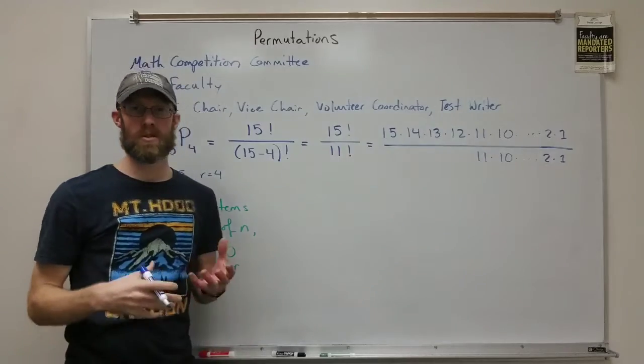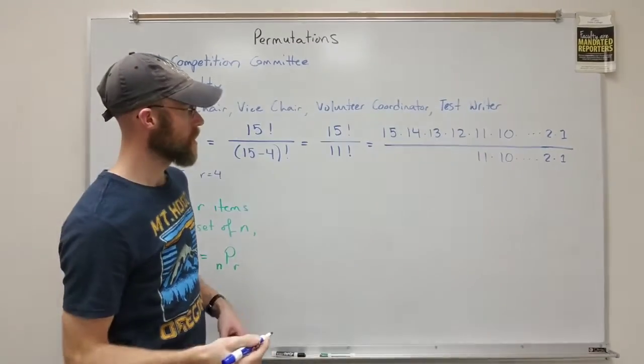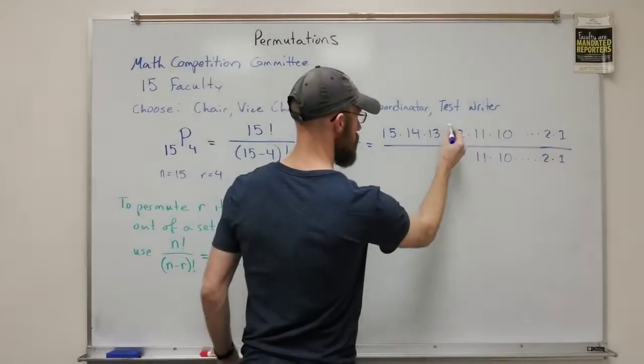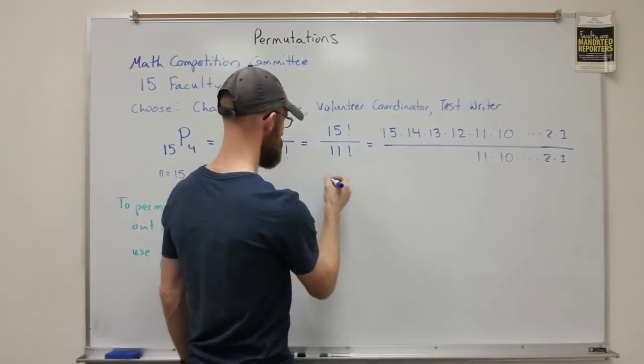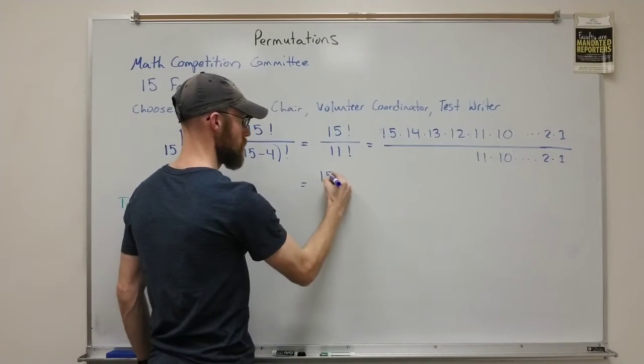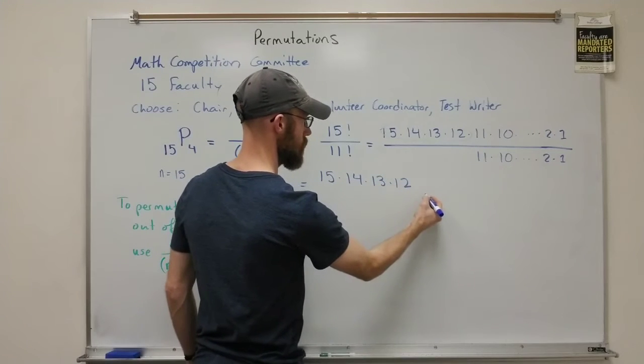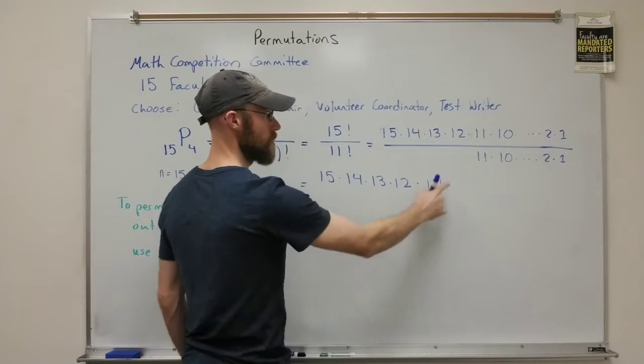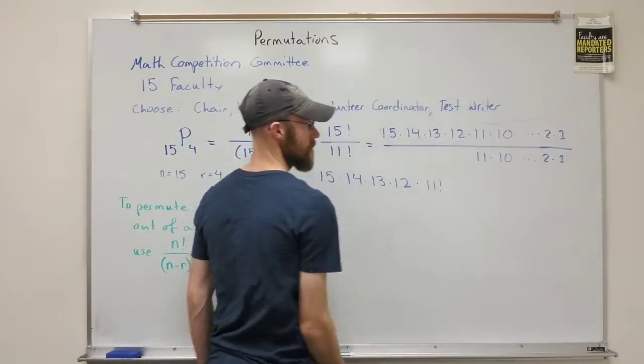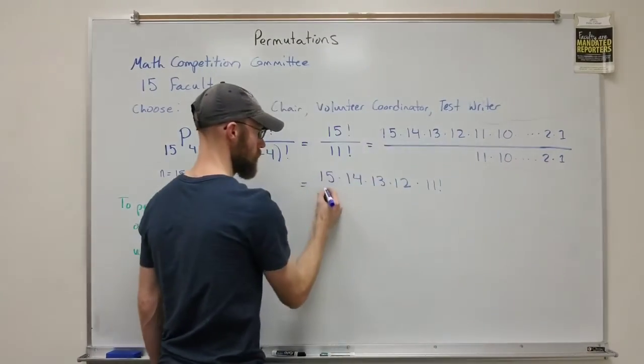So another shorthand way of writing this is to just separate off these first 4 factors. Call this 15 times 14 times 13 times 12 times 11 factorial. The rest of this is 11 factorial, and on the bottom you have 11 factorial.